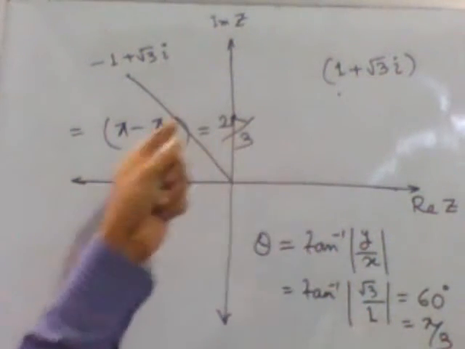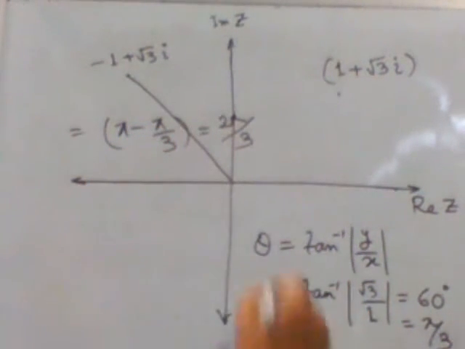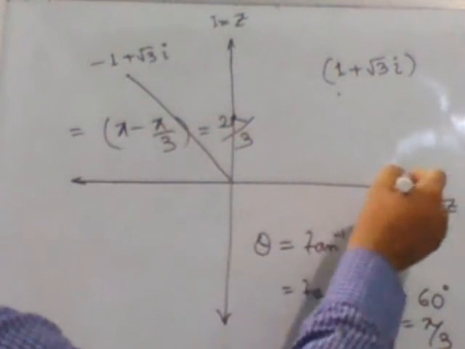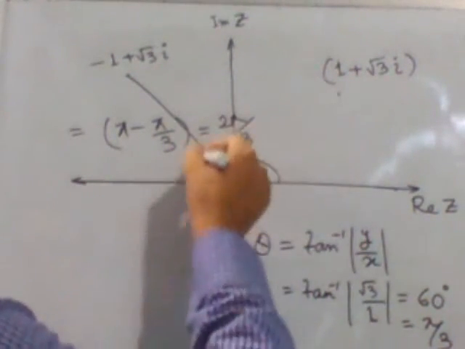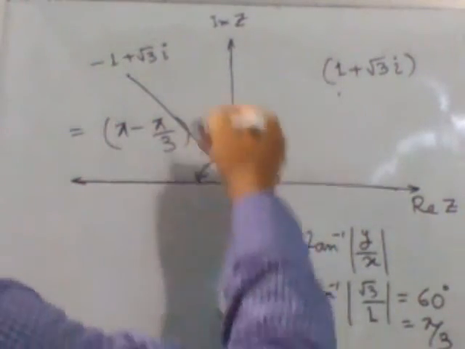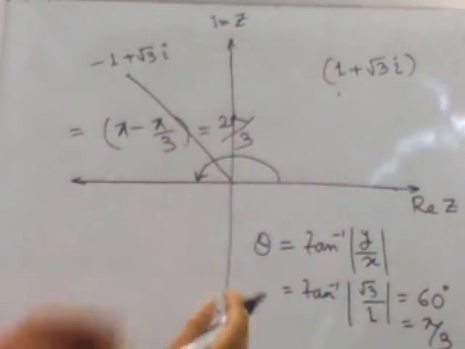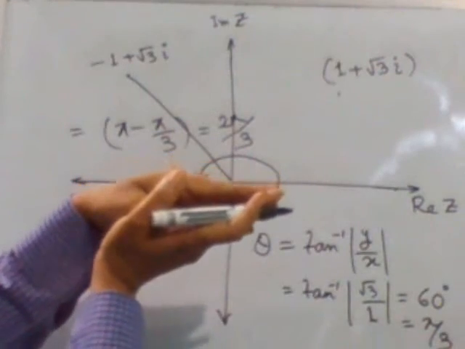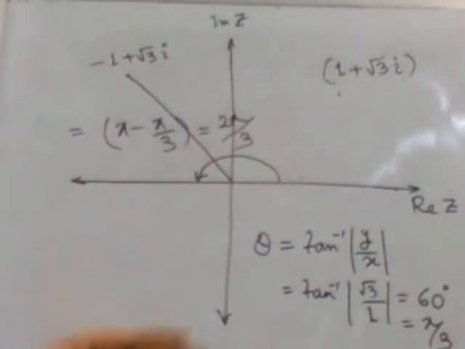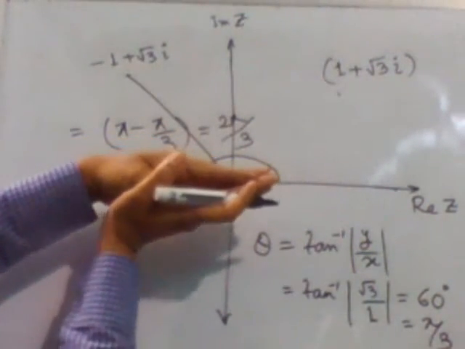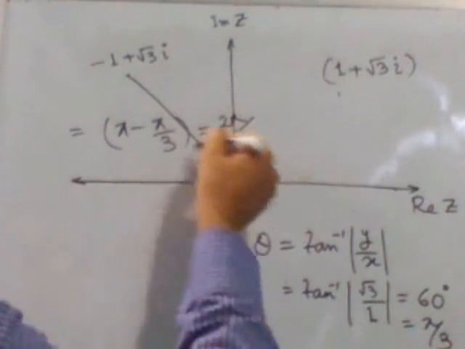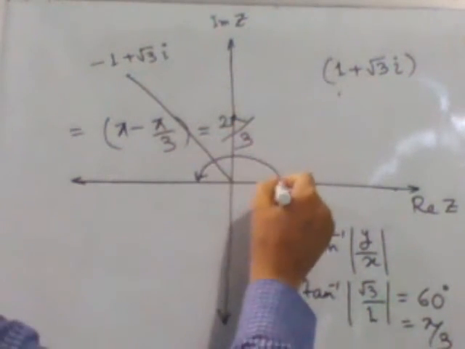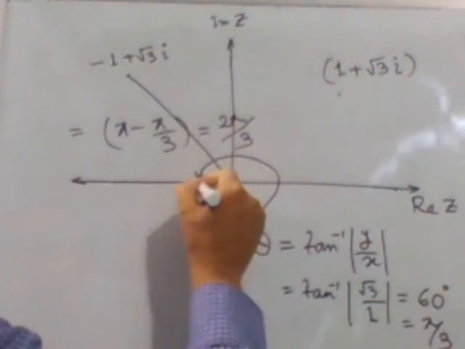You just subtract this from pi, because we can move from the real axis up to this. So this is 1 pi, and we cannot move further this side because there is a mirror. Previously in my first class I told you there is a mirror. So you can move just up to pi, and from here again up to pi.